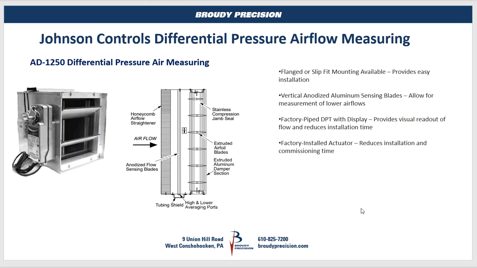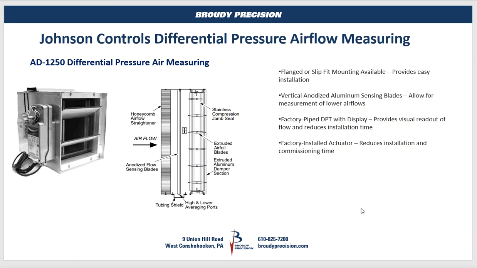Some of the nice features about this is it's supposed to be easy to slip into existing ductwork, so it's flanged. It also provides a factory installed actuator, which reduces the installation and commissioning time. That's supposed to help us in the field a bit.